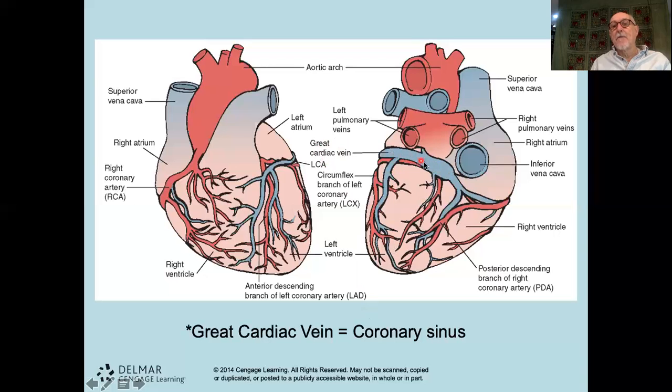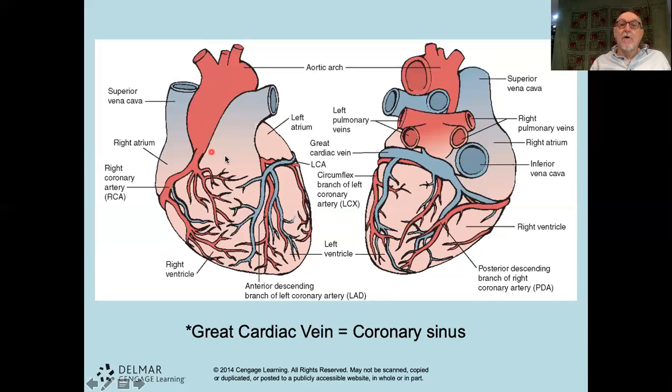And the coronary sinus empties into the right atrium. So just as all of the other deoxygenated blood does, it is emptied into the right atrium, and the blood is then moved off to be reoxygenated.